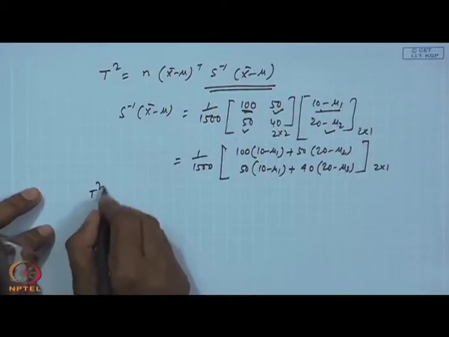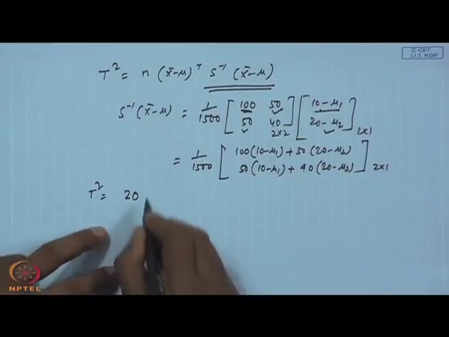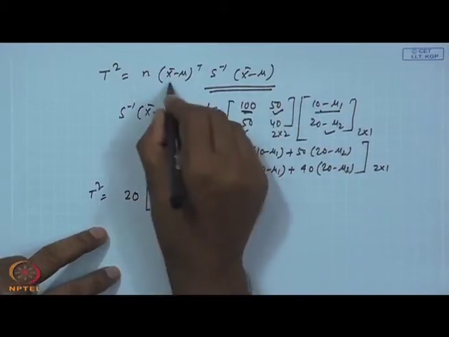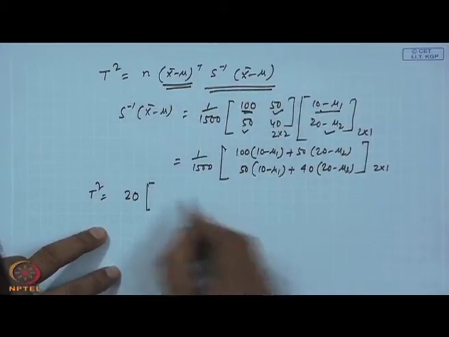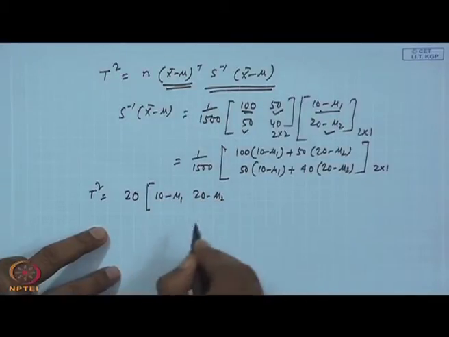Now, you see T square, n equal to how much? n is 20 and (x minus mu) transpose will be [10 minus mu 1, 20 minus mu 2].